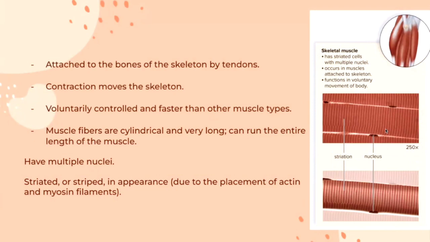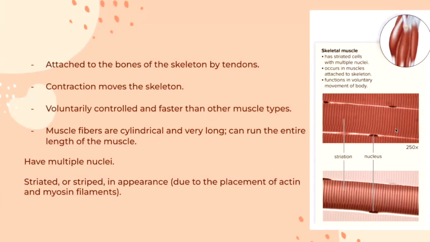And here, of course, we're describing them even more. They are striated or striped in appearance due to the placement of the actin and the myosin filaments. So as we can see, they are striped and striated, and they are very familiar to the eye. So I don't think it's hard for anyone to recognize the skeletal muscle.